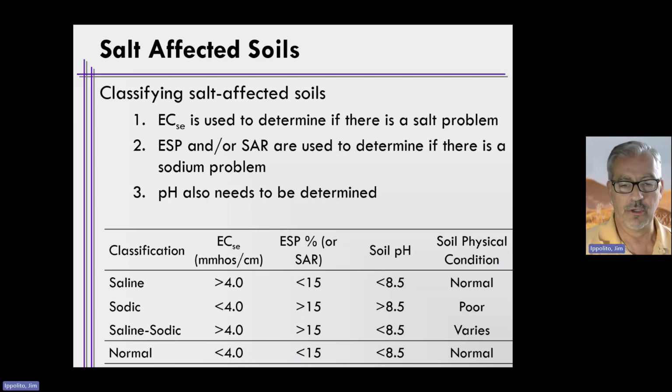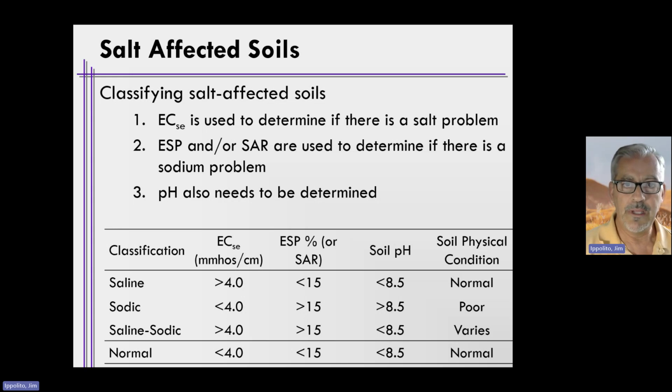So if we have an issue with salinity or sodicity, how do we actually classify it? This is why in the previous several videos, I introduced to you exchangeable sodium percentage, saturated sodium adsorption ratio, and electrical conductivity.